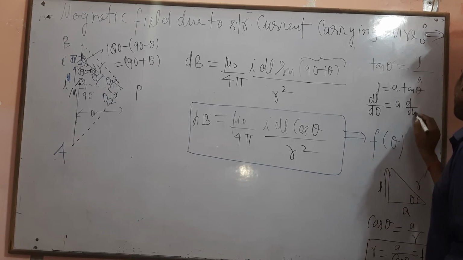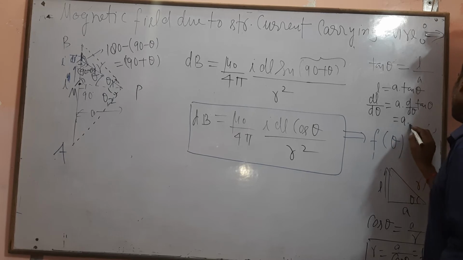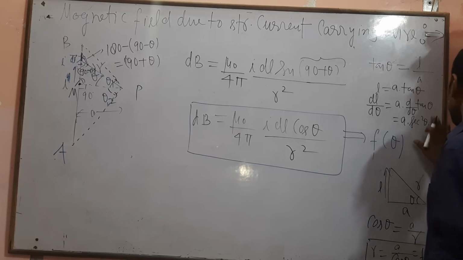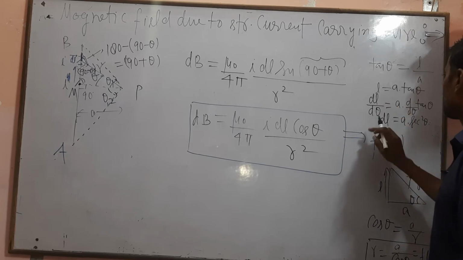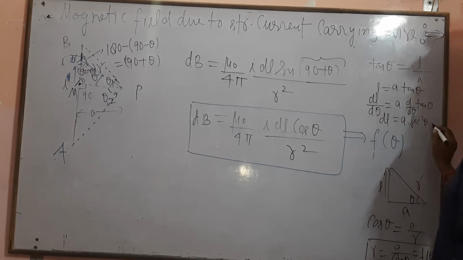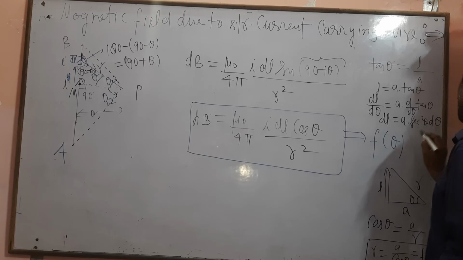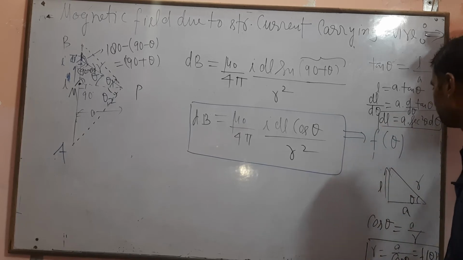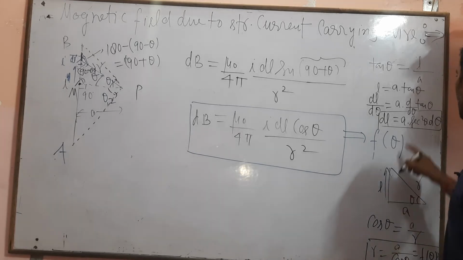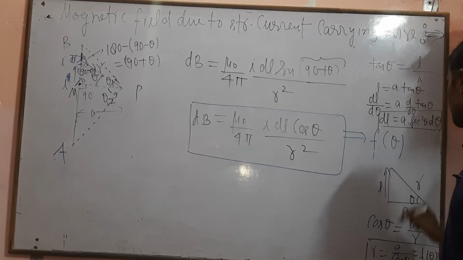That equals A into sec square theta. So dl equals A sec square theta into d theta.